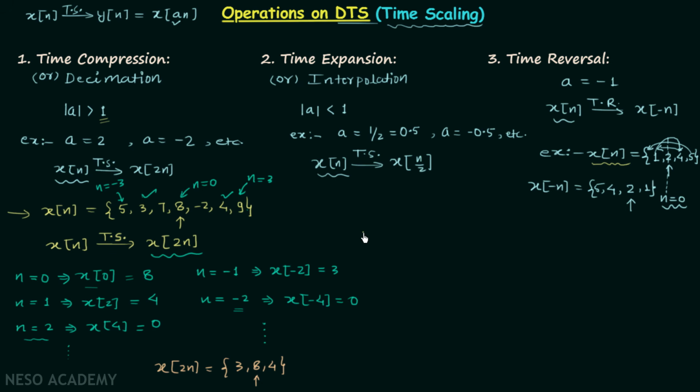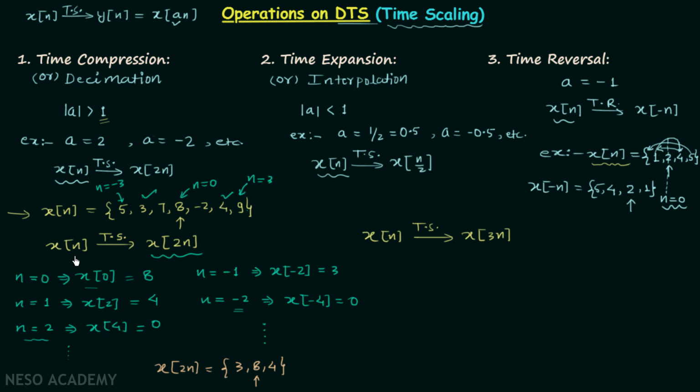Now we will solve one more case of time compression. We have the same x(n) signal and we are performing the time scaling operation, and this time we are getting signal x(3n). So again you can see that mod of a is greater than 1, therefore we have the case of time compression, and we will try to write down x(3n) directly after analyzing this case.